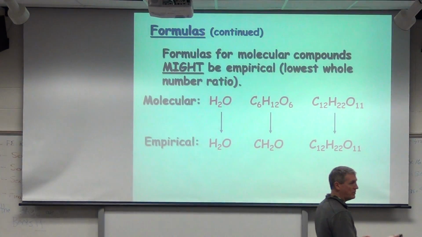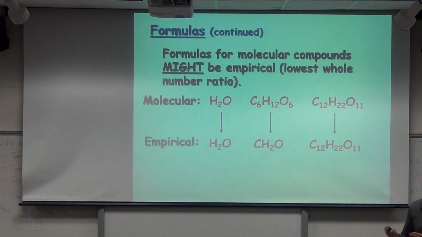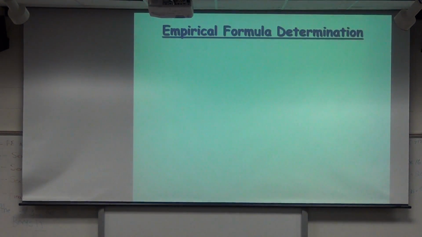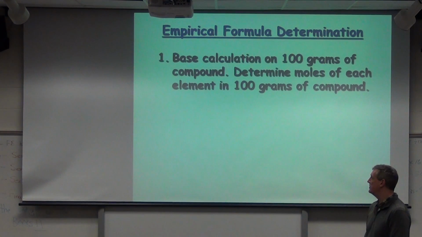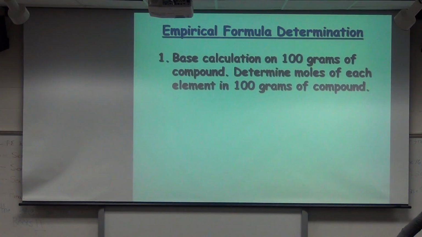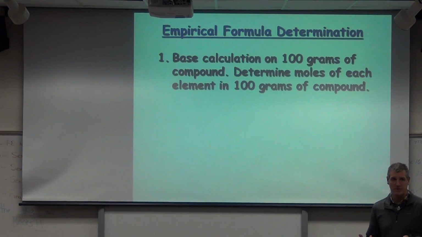Next, now that we know what an empirical formula is with respect to a molecular formula, we want to be able to determine the empirical formula. So there's a three-step process. Here's what we're going to do. First thing we're going to do is assume we're always starting with 100 grams. And typically what you'll be given in a problem is the percent composition.